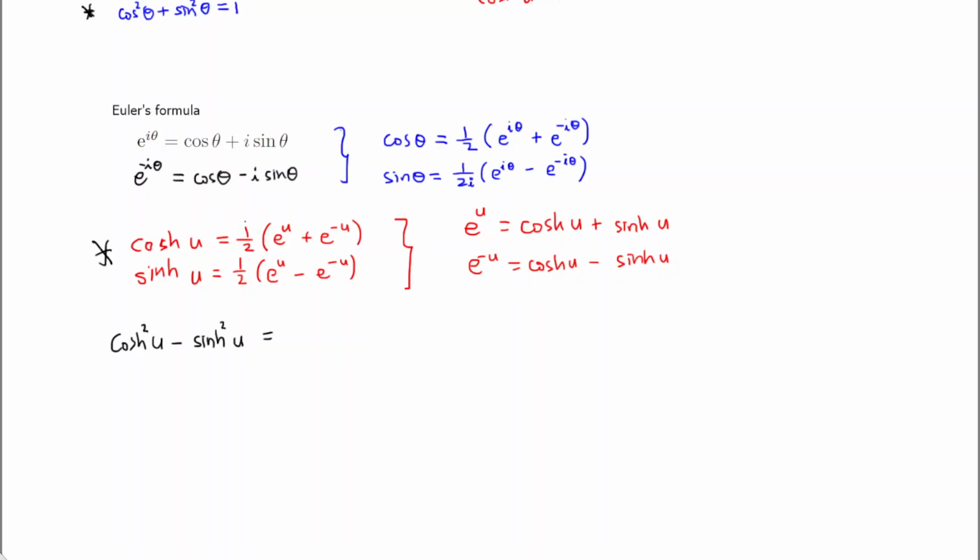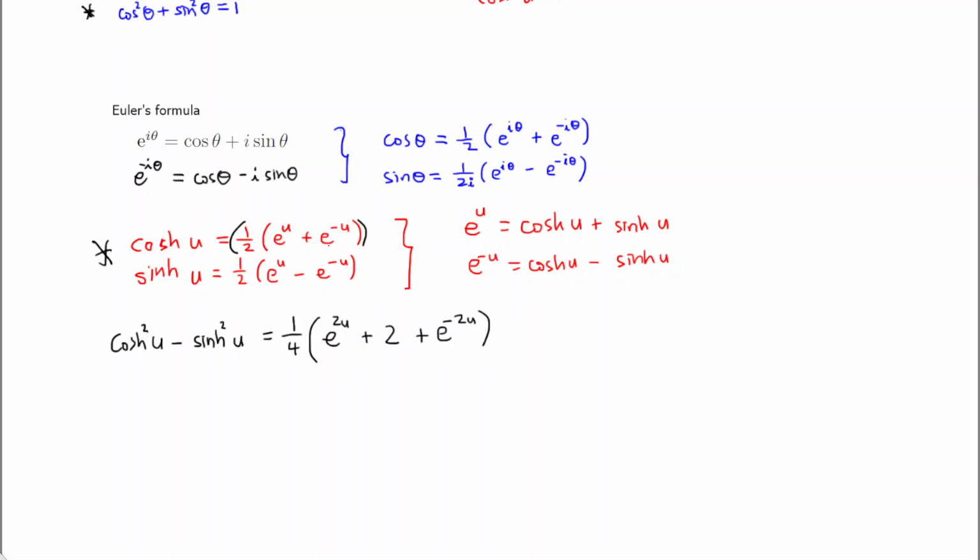What I'll do is FOIL out cosh u. There's a 1/2 in front, so squared, that's 1/4. Then doing the normal foiling operation, I square the first term, e to the 2u.